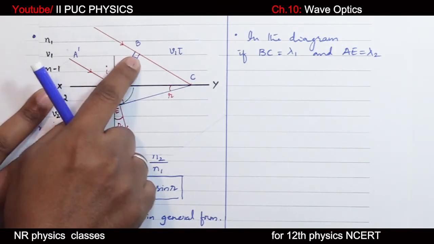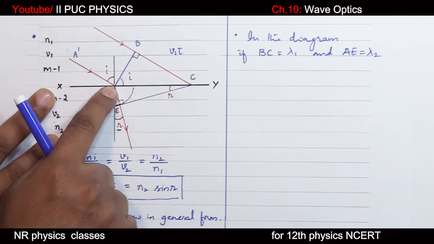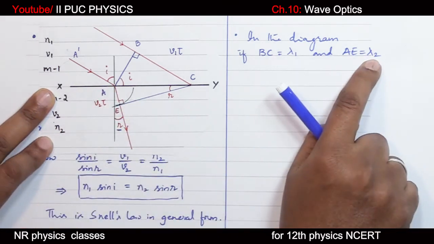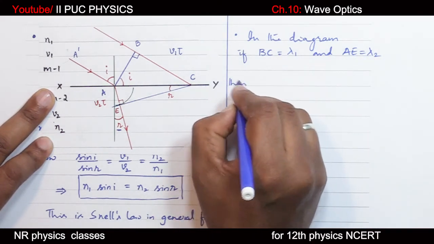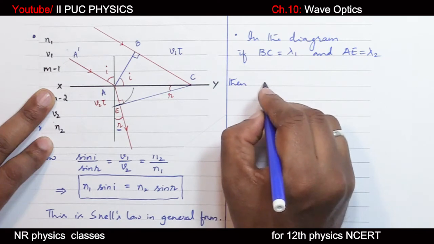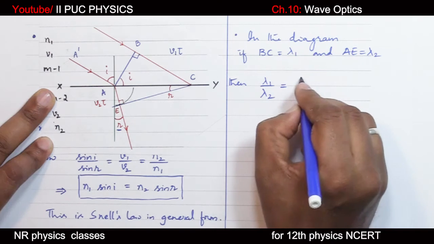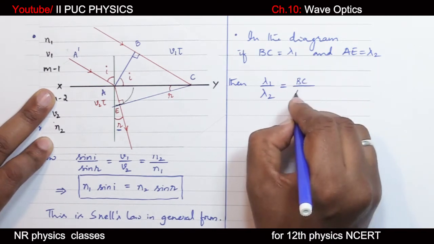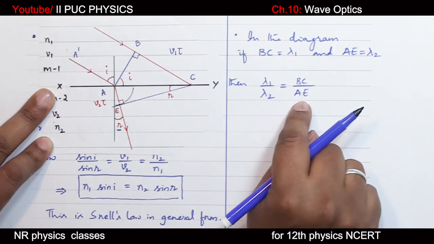When this one wave is generated, during that time one wave is generated in the second medium, that is AE with wavelength lambda 2. Then lambda 1 by lambda 2 equals BC by AE.